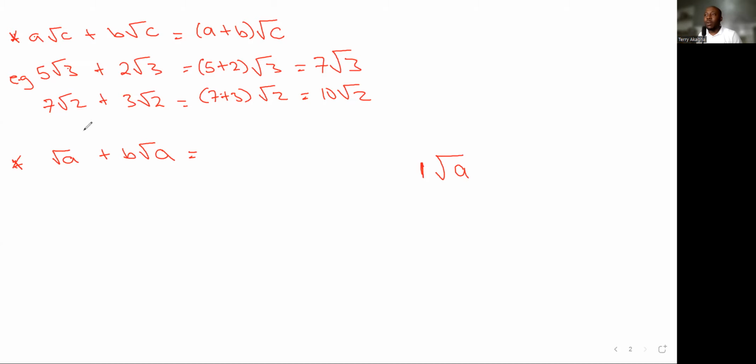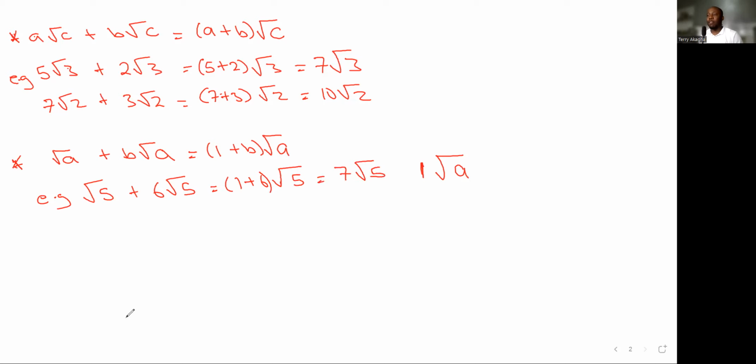So in this case it will be 1 plus B root A. For instance, if I have root 5 plus 6 root 5, we have a 1 here, so it's 1 plus 6 root 5, and that will give you 7 root 5.